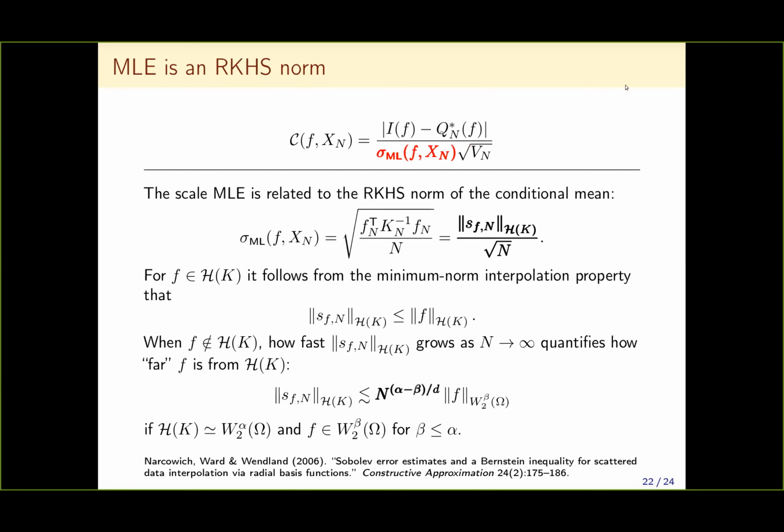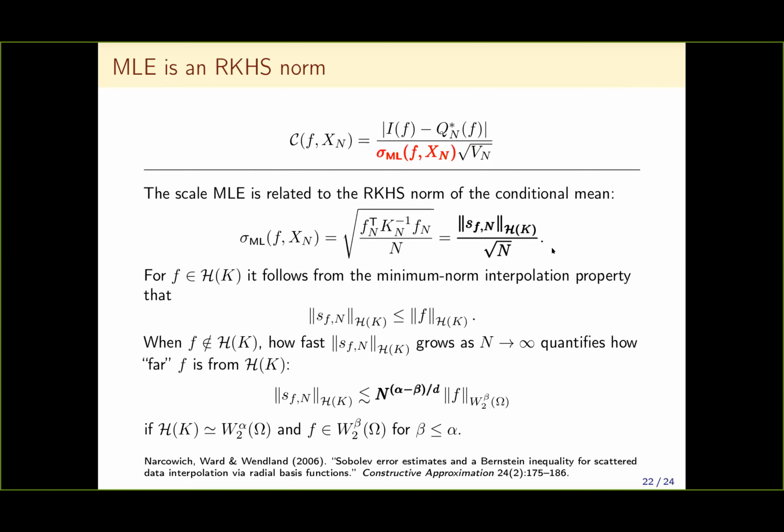And finally, we have this maximum likelihood estimate, which can be related to the RKHS norm of the conditional mean. So it's quite easy to see that this linear algebraic expression here is actually the RKHS norm of the conditional mean.